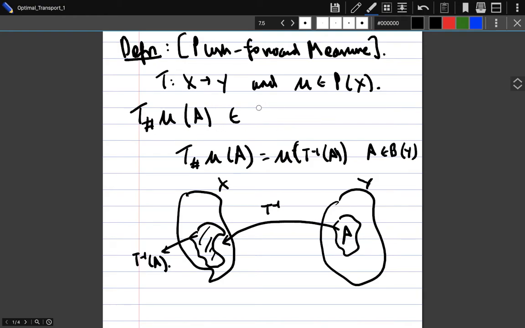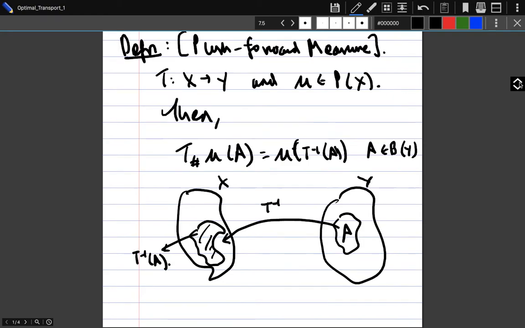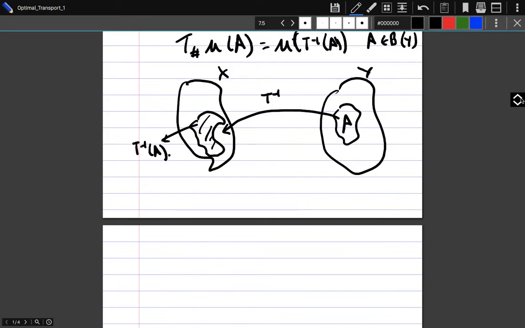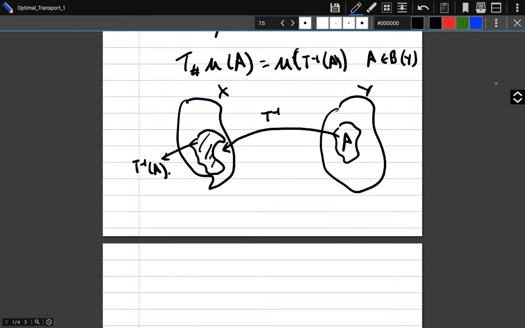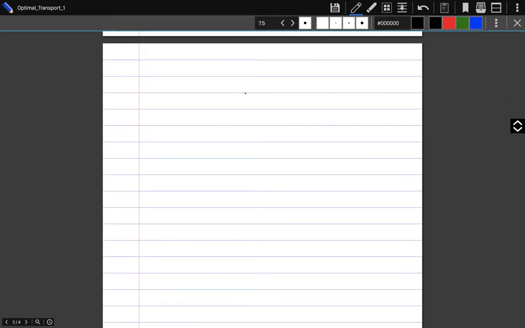Technically, we can get rid of this if you want, but as a sanity check, you can prove to yourself that this is indeed a probability measure. Depending on what books you read, you might want to verify that the push forward measure is indeed a probability measure on the space Y.